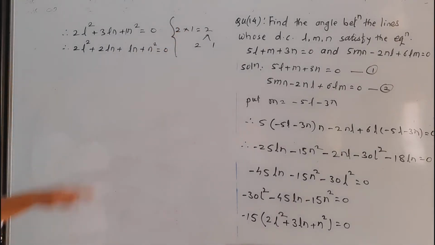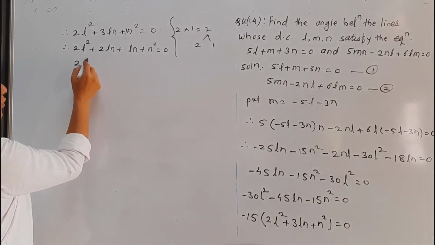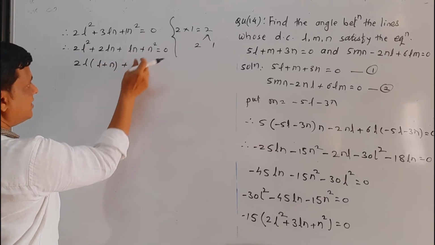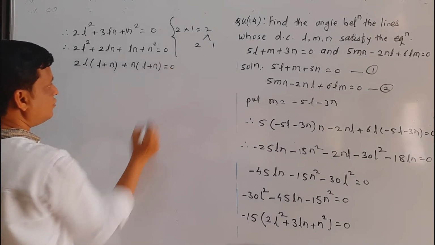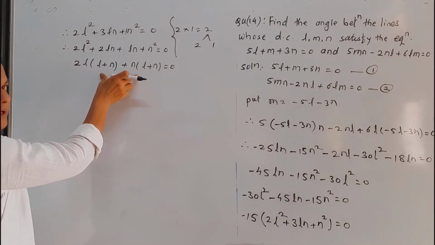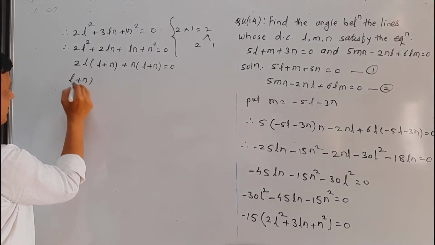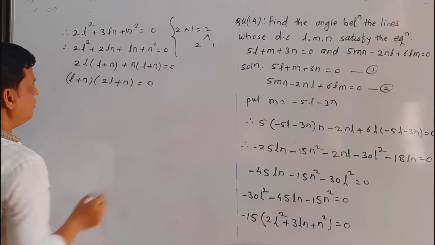Now we can take 2l common from first two terms. So we write here 2l in bracket l plus n plus, here we take n common, so we write l plus n equals to 0. So taking again l plus n common from these two terms, so we write l plus n in bracket 2l plus n is equal to 0.